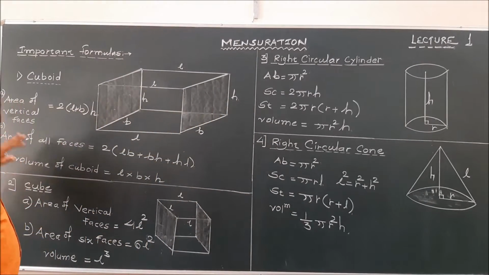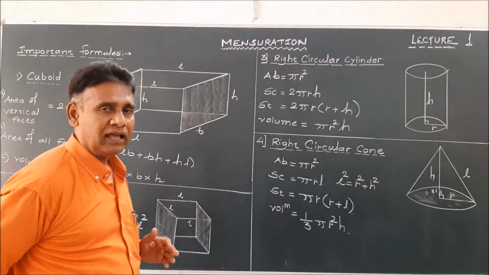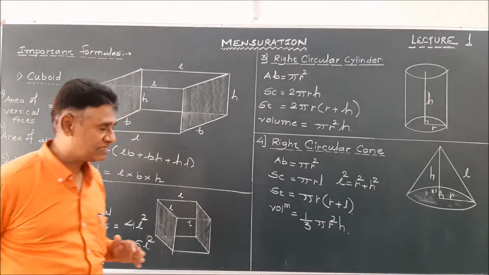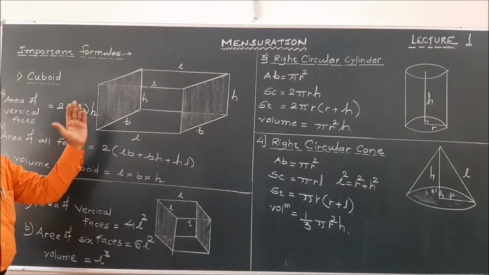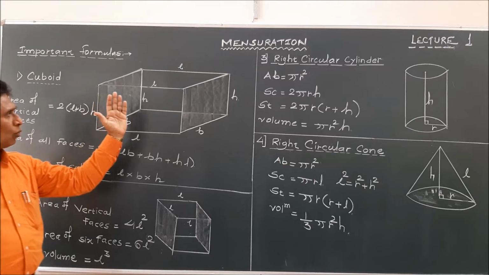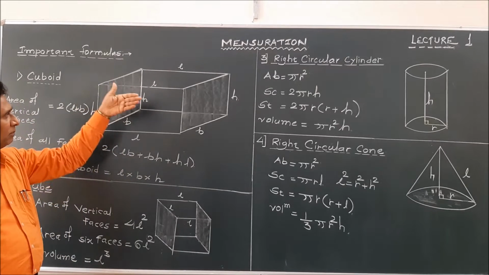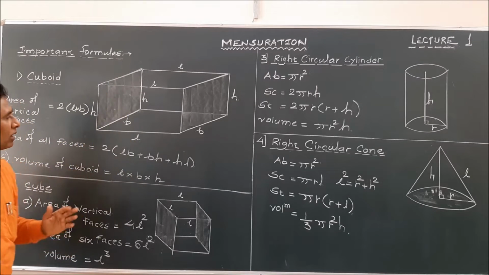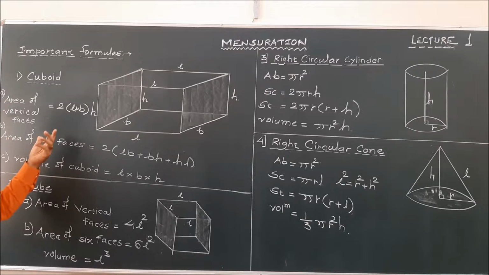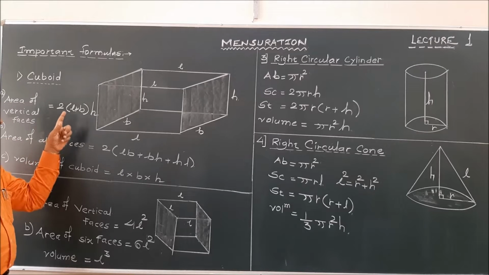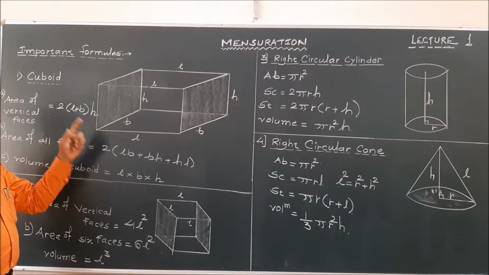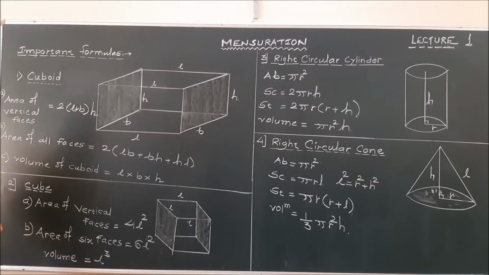So, area of vertical faces. When I say the area of vertical faces, it means only these 1, 2, 3 and 4: front, behind, sideways 2. So the area of these vertical faces is 2 into the bracket (length plus breadth) into height.